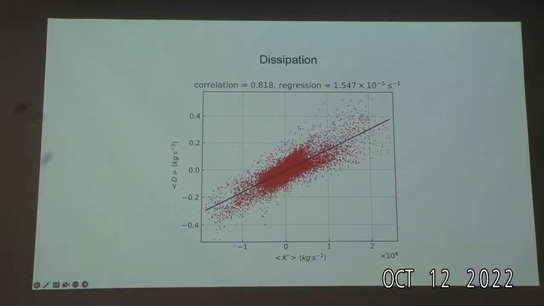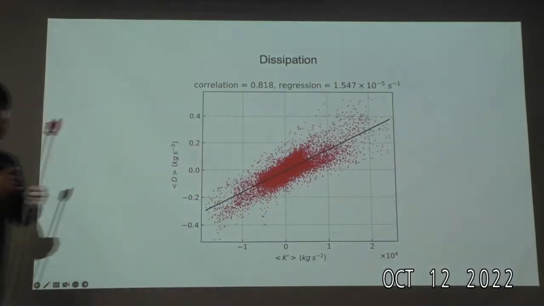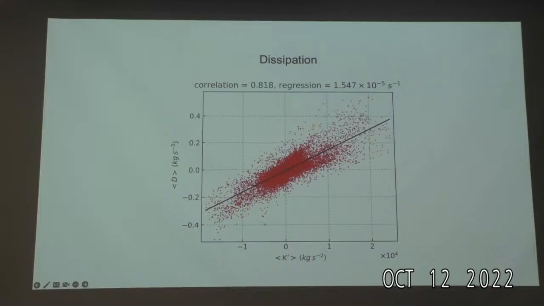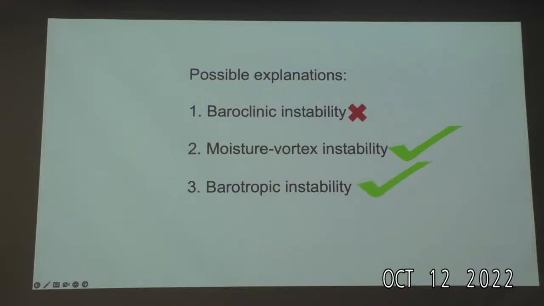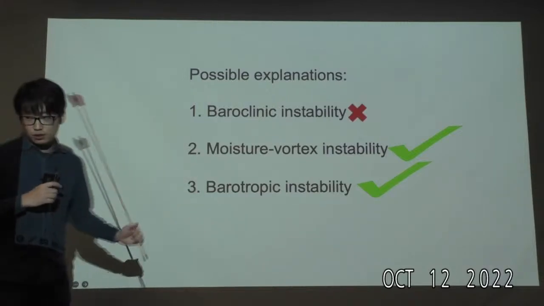It's documented in other systems, for example the MJO, but we don't have a good regression coefficient for this one, because we're not using models to do that. We're just using reanalysis data. So after looking at the conversion of kinetic energy, we can see that the barotropic instability is real.